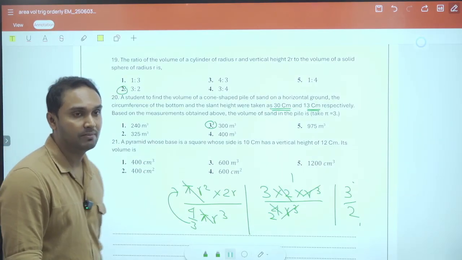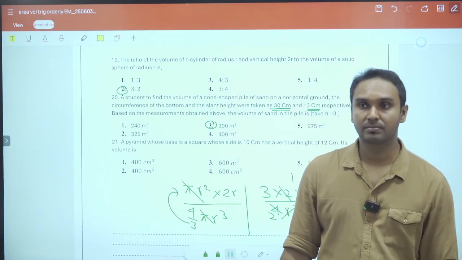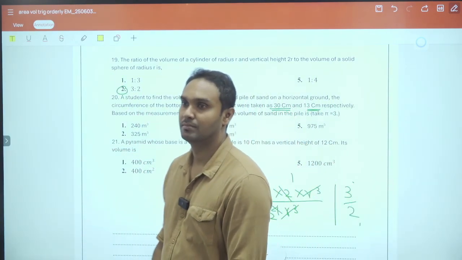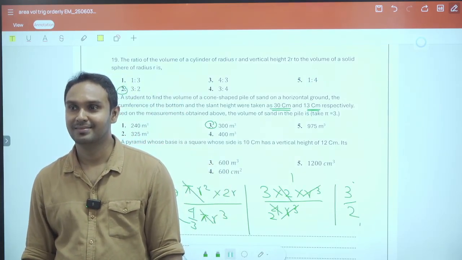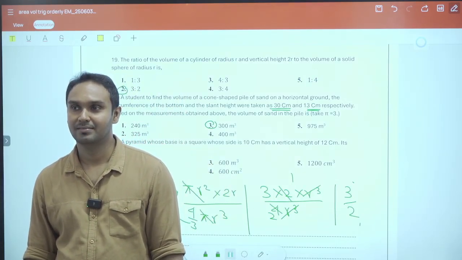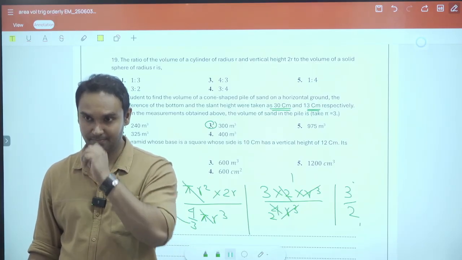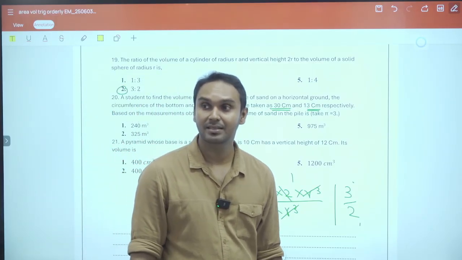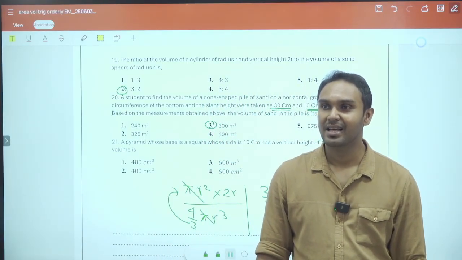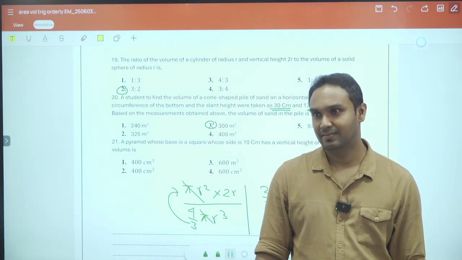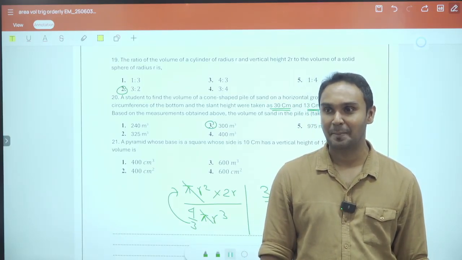Now, what is the volume of a pyramid which has a square bottom? Area of the base into height. Base into height, right? So as we discussed earlier, what did we discuss earlier?